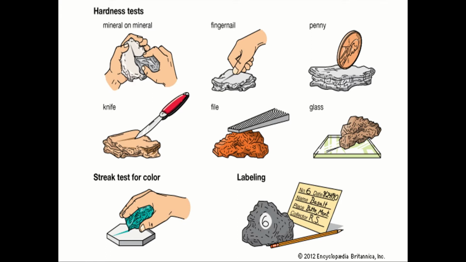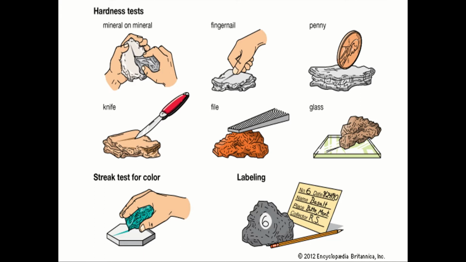Okay, so here is the hardness test. As I have said, hardness can be tested if two objects, a mineral and another object or mineral, are scratched against each other to test if it can resist the scratching of another material. So here we have mineral on mineral. It can be a fingernail or another object like a penny, knife, file, glass, or a tile to know the hardness of our minerals.